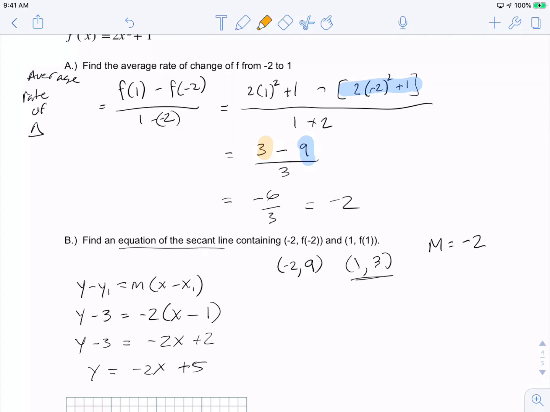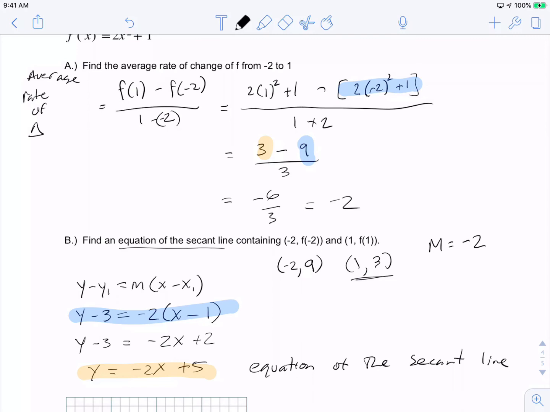This here is the equation of the secant line. Now, something important. If you would have given me just, let me use a different color, that also is the equation of the secant line.